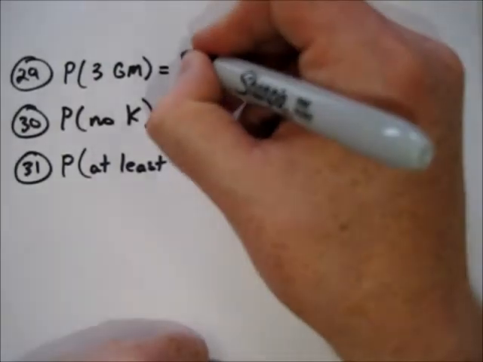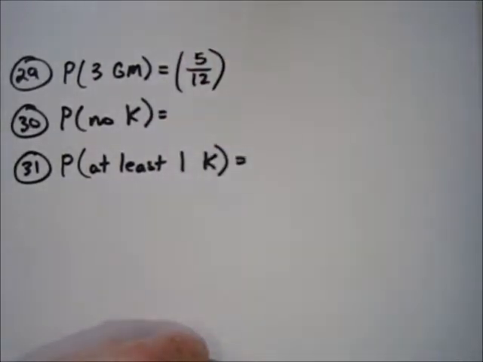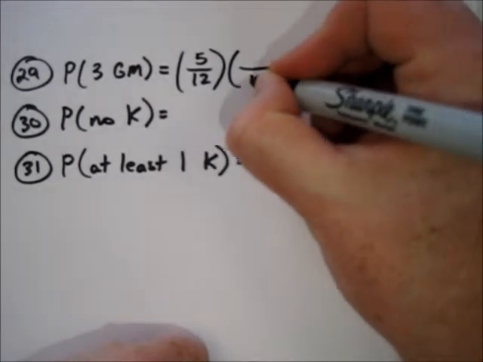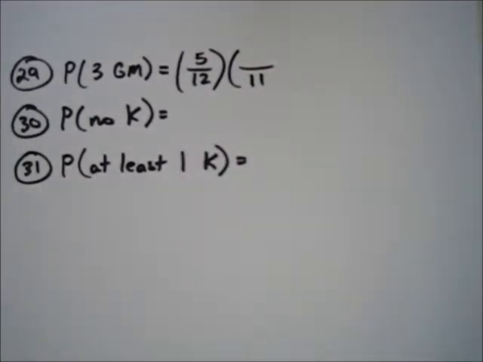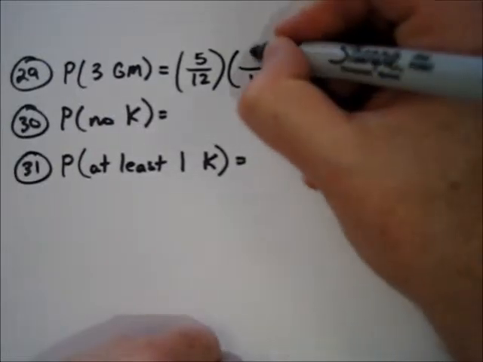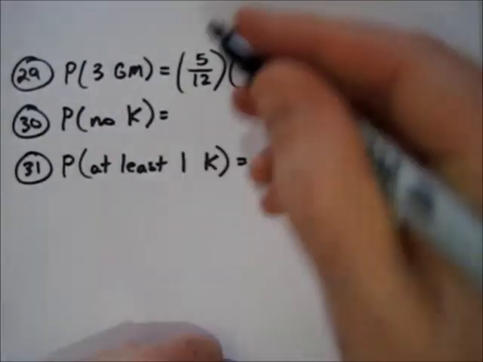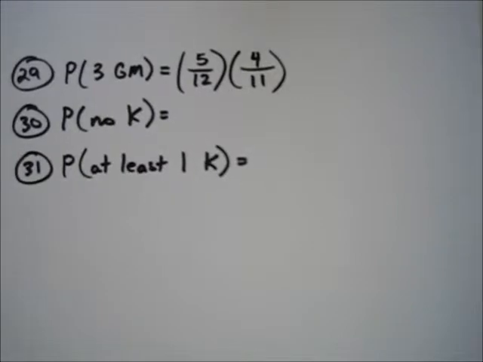So for the first box, there's a 5 out of 12 chance. For the second box, if we assume she can't select a variety she's already selected, there are now 11 to choose from, and how many of those are General Mills varieties? Well, 4, because she has decreased the number of choices by 1, having already selected a General Mills cereal with her first choice.